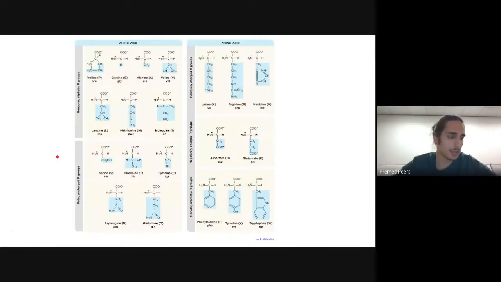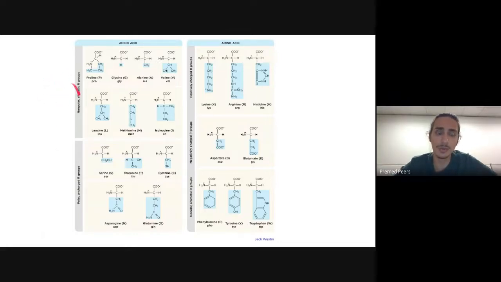All right, just some general review before we do this passage. This is an amino acid chart from Jack Westin. What is really important for the MCAT is the group each amino acid is in. We have general categories for amino acids, and I'm going to go through them using this diagram.